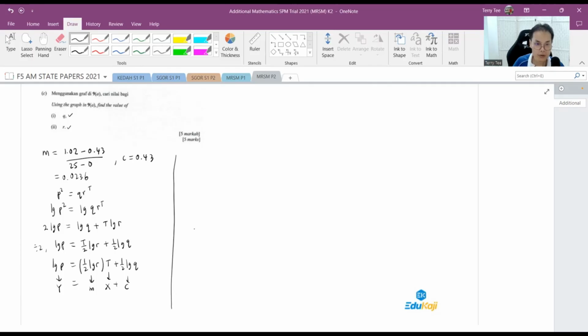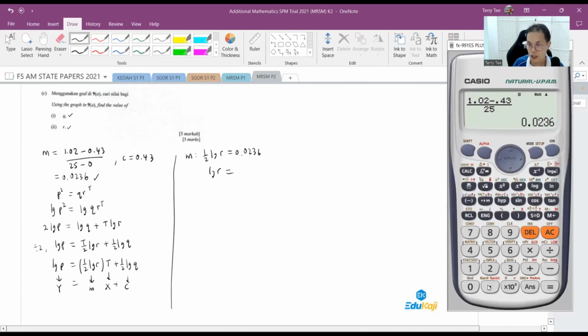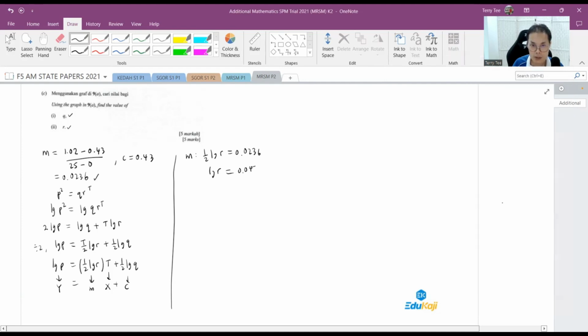Now you want to compare your gradient from your equation, which is half lg r, with the gradient from your graph that you've calculated, 0.0236. So your lg r is 2 times this, which is 0.0472.